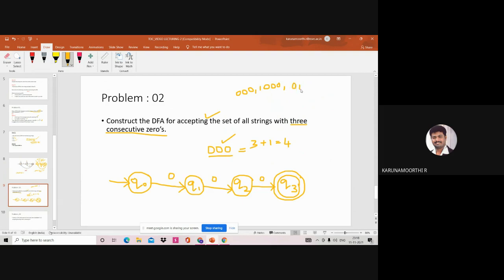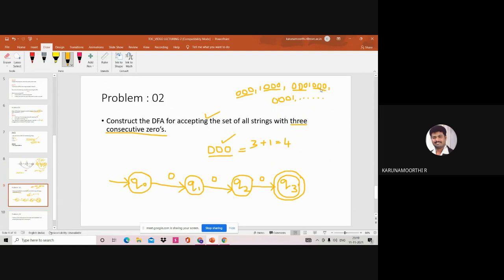Again, 0001000 is also possible. Or 0001 is also possible. So like this, your strings are going to be generated. The condition is whenever 0 occurs, 3 zeros appear continuously. Here a single 0 followed by 2 zeros, here a single 0 followed by 2 zeros. So this is called consecutive zeros.